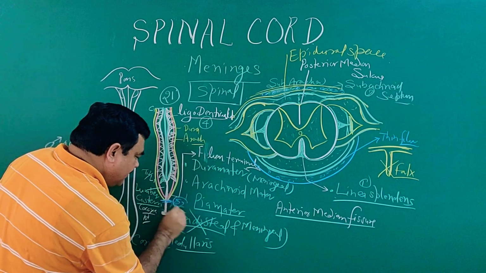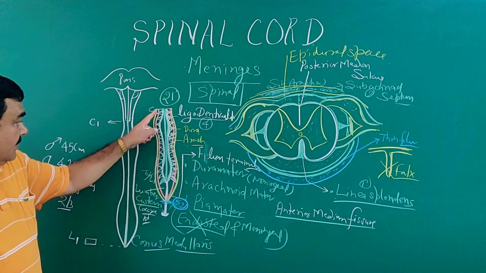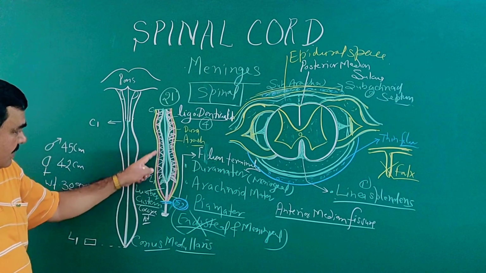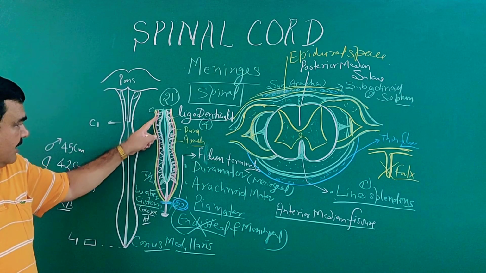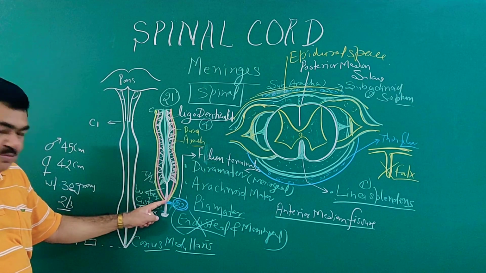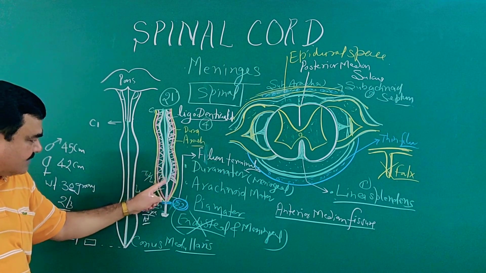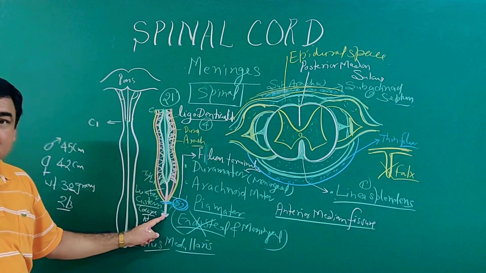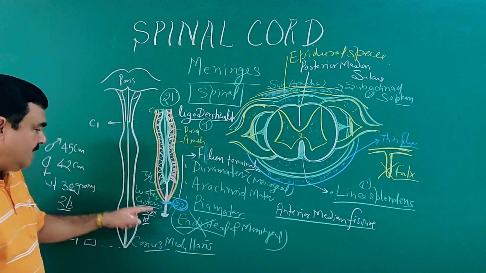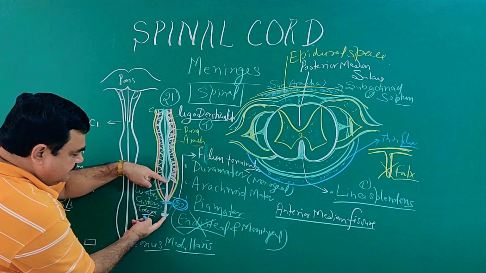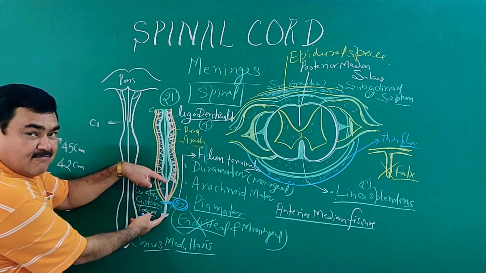The dura mater extends up to the S2 vertebra, the arachnoid extends up to the S2 vertebra, and the pia mater extends up to the first coccygeal vertebra.